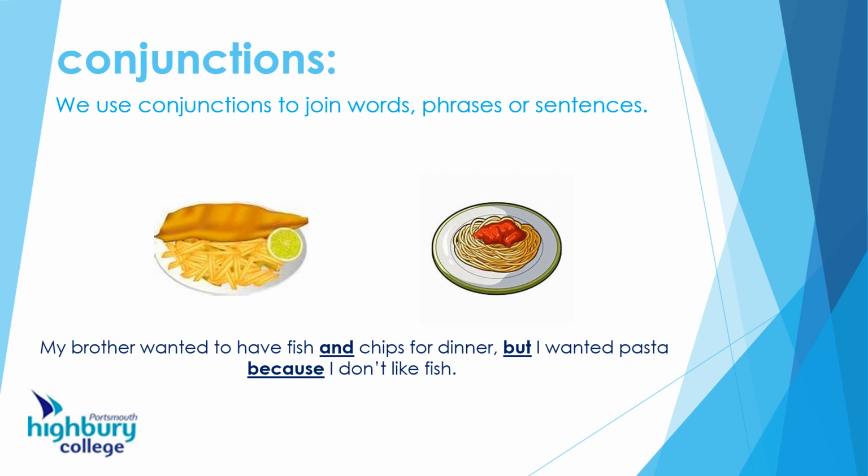My brother wanted to have fish and chips for dinner, but I wanted pasta because I don't like fish. So there we've got quite a long sentence, and all the information is joined by these conjunctions. There are many conjunctions in English. We use these ones the most: and, but, because. You can see why we use them, for putting pieces of information together.